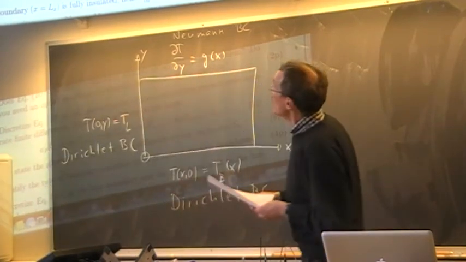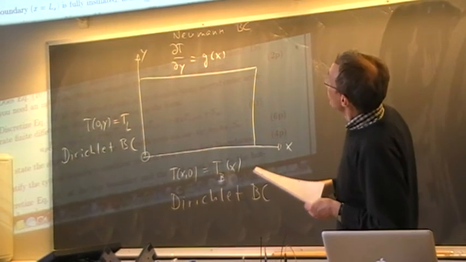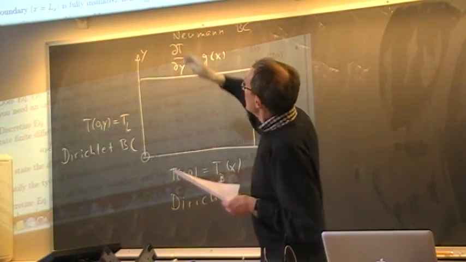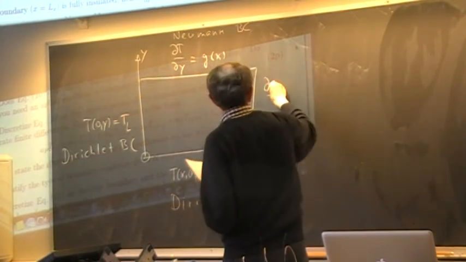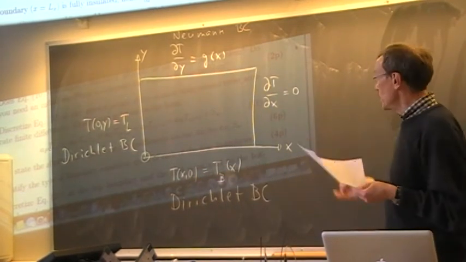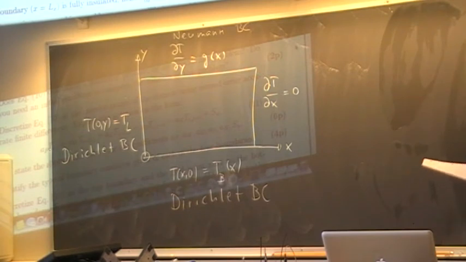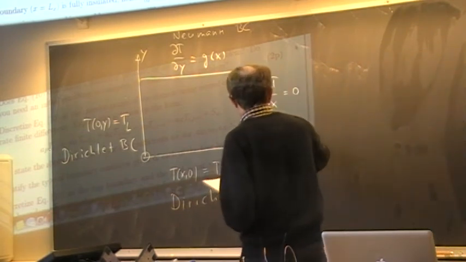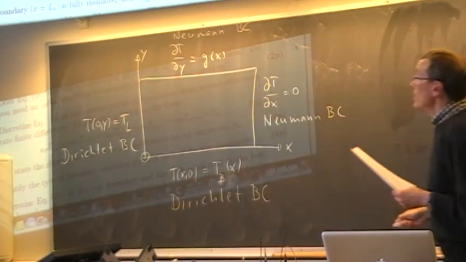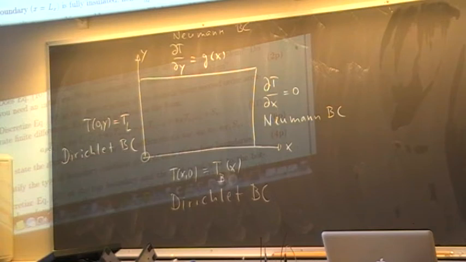The right boundary, let's see, we have dT/dx equal to 0. So the normal derivative is the x derivative, so that is a Neumann boundary condition. So then we have identified the boundary conditions. We usually do not treat Robin. Robin would be a combination of these two.